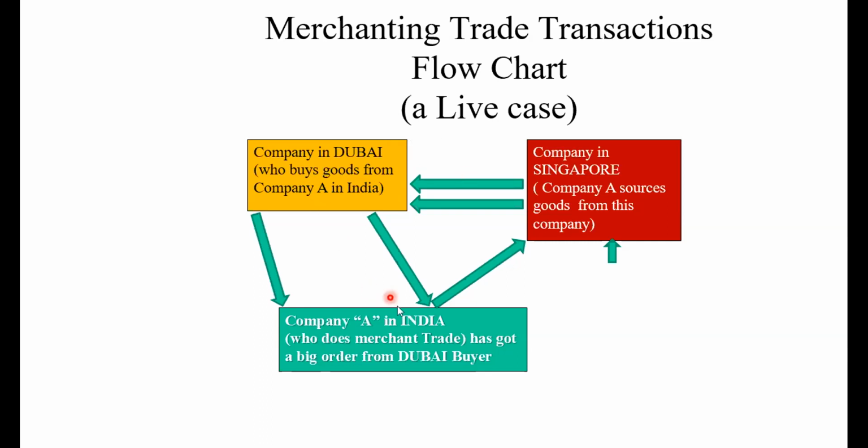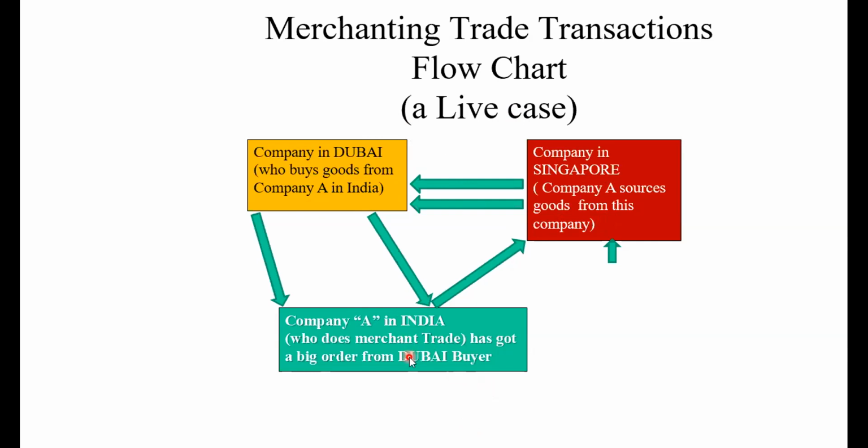All bills will go from India. The only shipping will take place from Singapore, third country shipment, and it will go to Dubai. Dubai man, on receipt of goods, will settle the invoice, and all will go from India, including bill of lading.